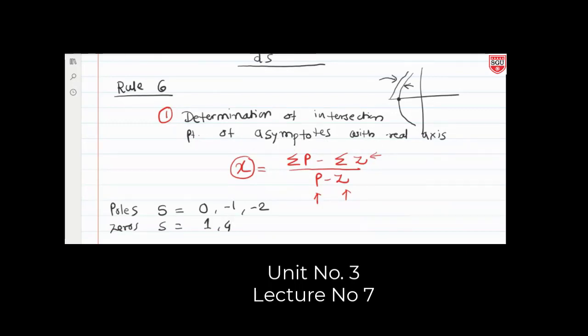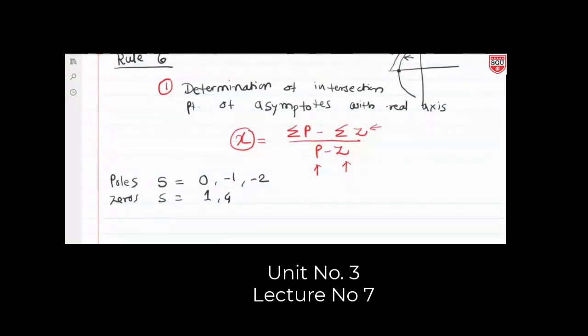Now tell me, what will be the summation of P? Poles of a control loop system are 0, -1, -2. Zeros are -1, -4.